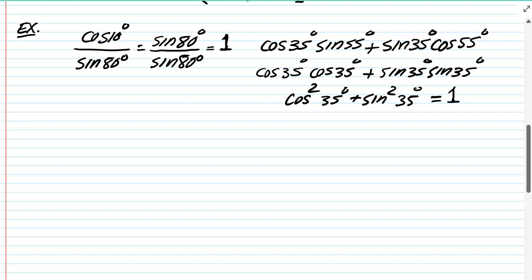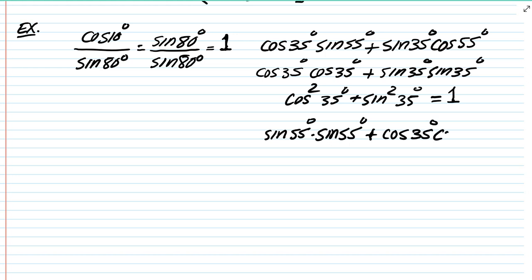I could have changed cosine 35 to sine 55, sine 55 plus sine 35. I'm going to change that to cosine 35 and cosine, not 35. Once we go to cofunction, we have to use the complementary angle, cosine 55.